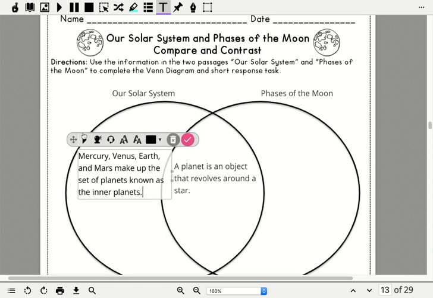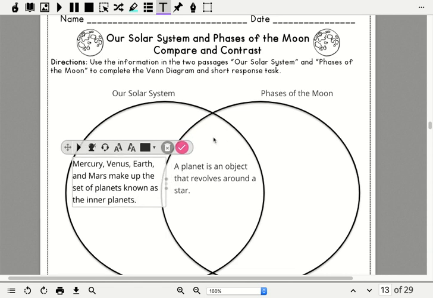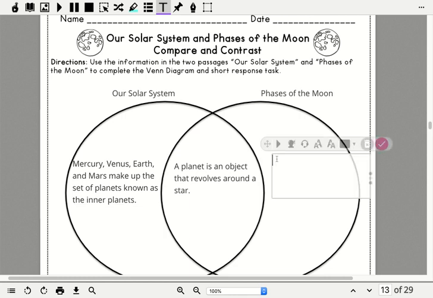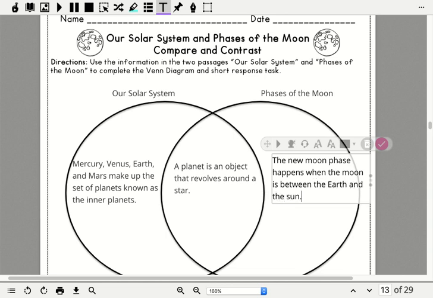Okay, so now that I have something that is unique to our solar system, I need something over here that's unique to phases of the moon. So I'm just going to use another answer choice that's in number 6. It says the new moon phase happens when the moon is between the Earth and the Sun. Okay, so that easily answers that for you.